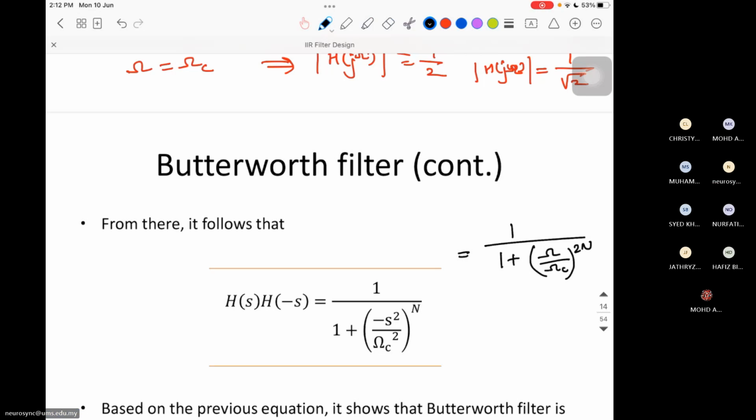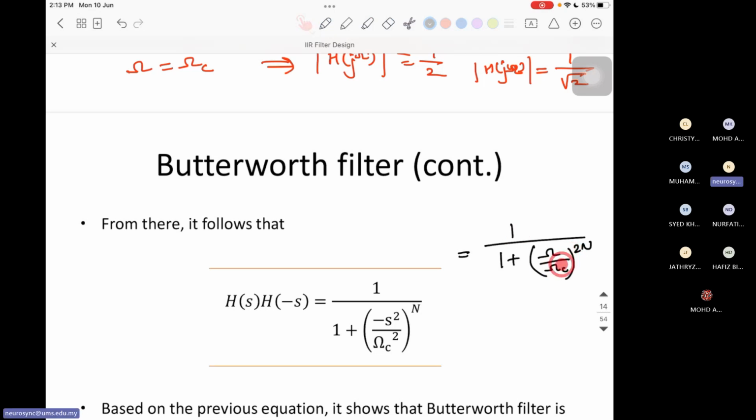Okay, because the squared spectrum, 1 divided by 1 plus this to the power 2n, is not adequate for designing the filter.